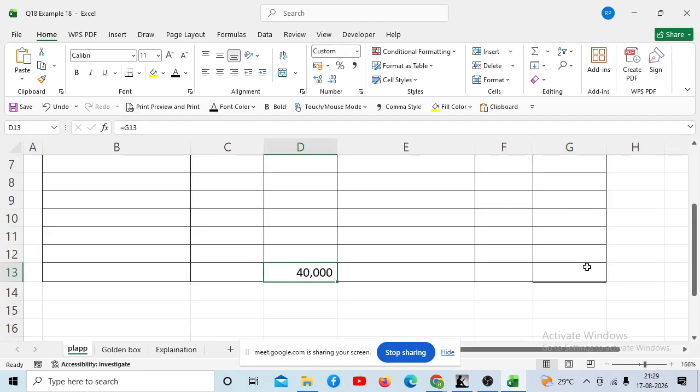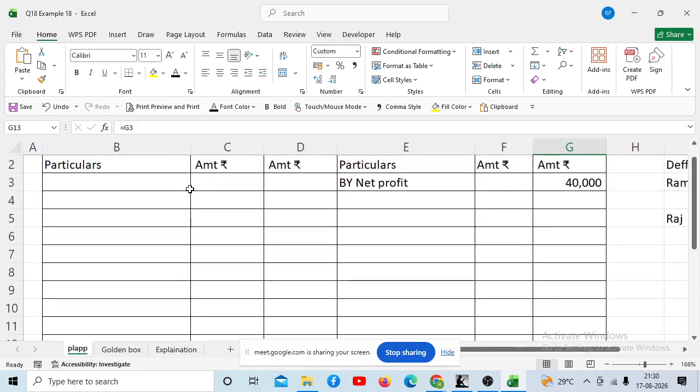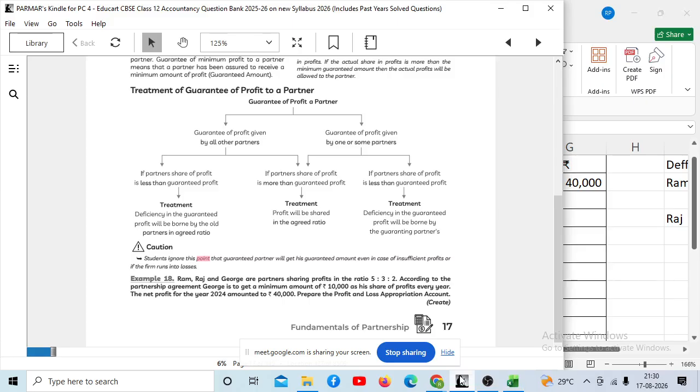So 40,000 on both the sides, and here we will write partners capital account into bracket profit. Done, sir.